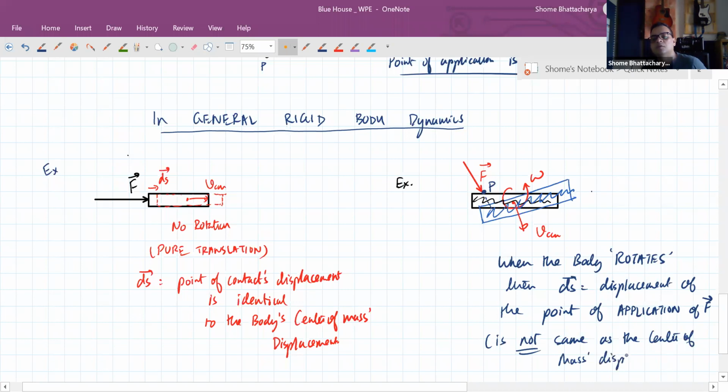Okay. So it is for this case, which will come later when we study rigid body dynamics or rotational mechanics.